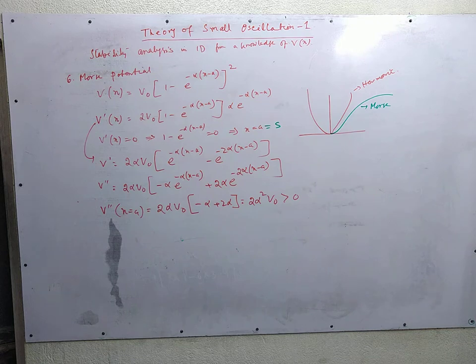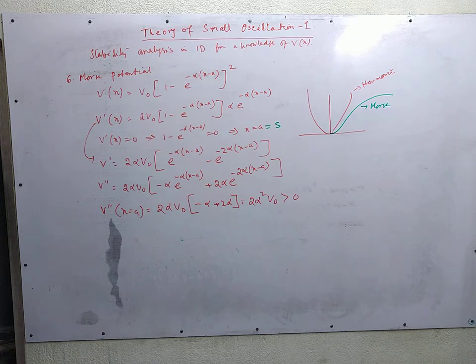So this much regarding the stability analysis from a knowledge of potential. That is, if we want to analyze the stability of a system from a knowledge of potential, then we first find the stationary points of the potential, that is the points at which the first derivative of the potential is 0.